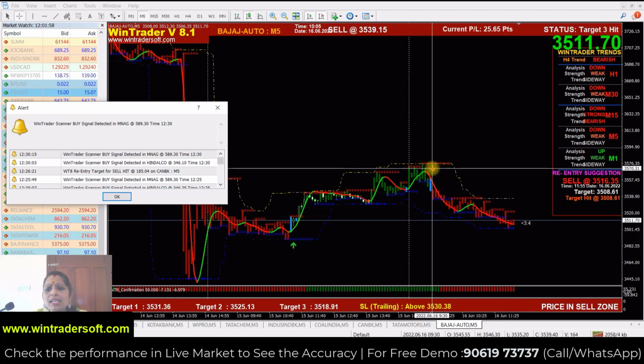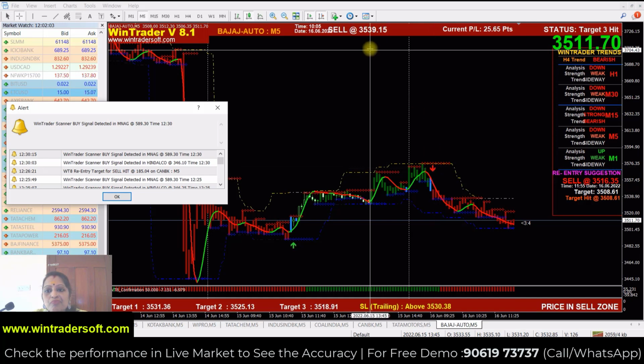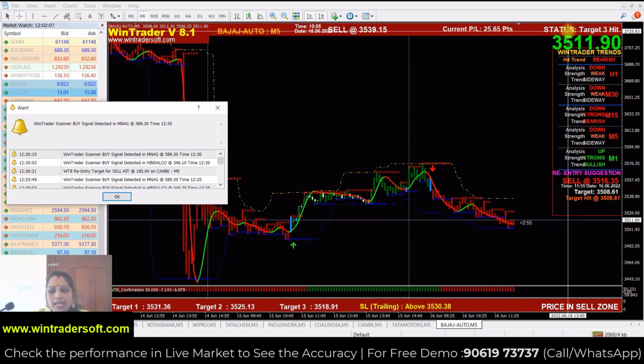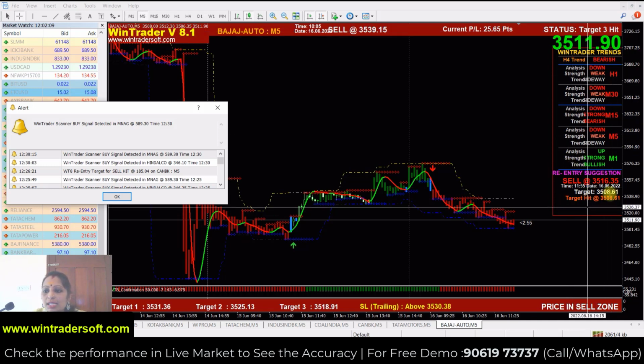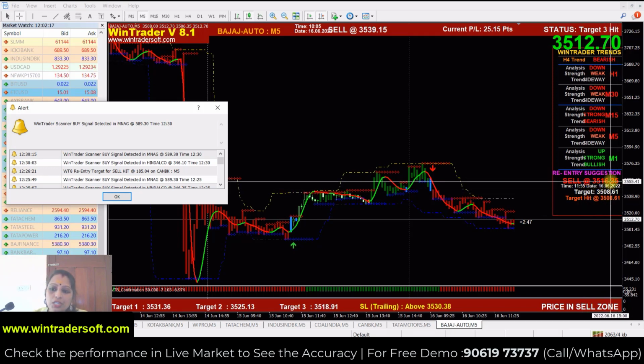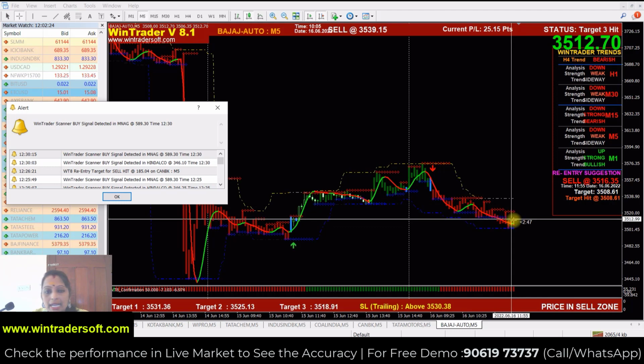This morning we got a sell at 3539.15, and as per that signal all targets have been achieved, and the software gave a re-entry at 3516.35 around 11:55. That target was also achieved. Currently the same signal and the same trend is continuing, and one candle is forming now.